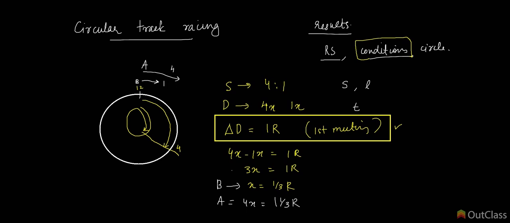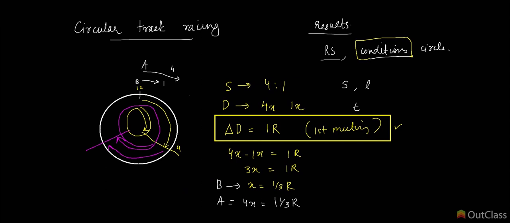Now once you have this, you can extrapolate from here. You don't have to solve for the second meeting. You can simply say clearly it's going to happen after another 1/3 of the track, because B is going to do this and A is going to do basically this. So as soon as you have the first meeting, from there you can just say another this much distance, next meeting, another one, one more meeting.